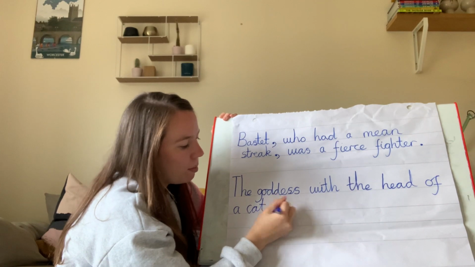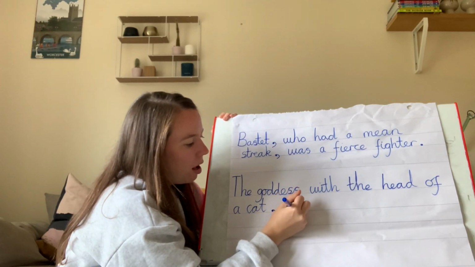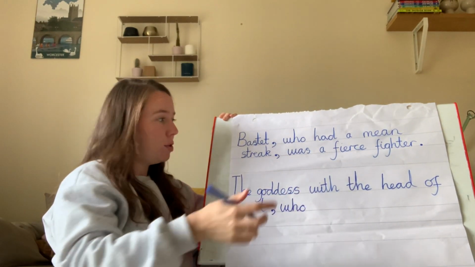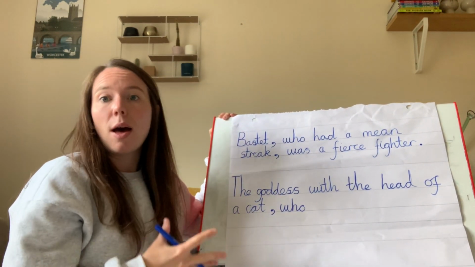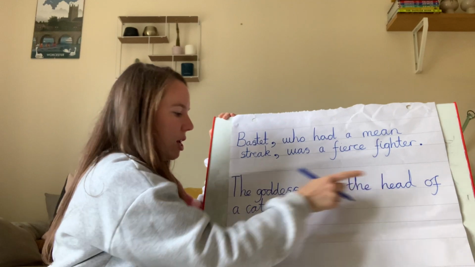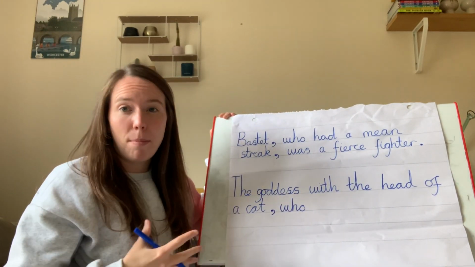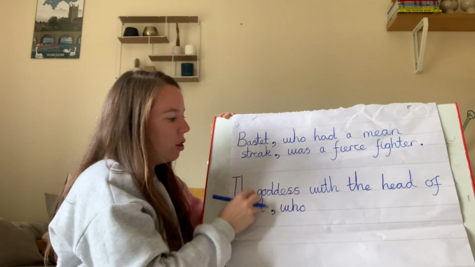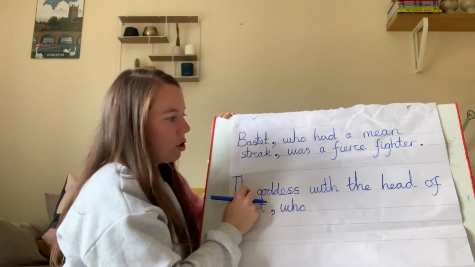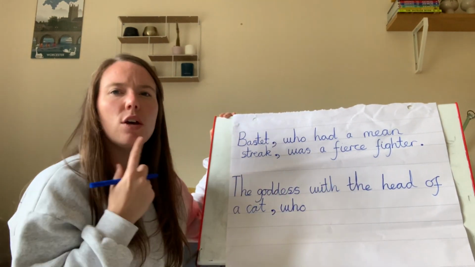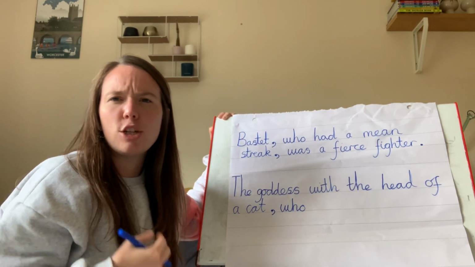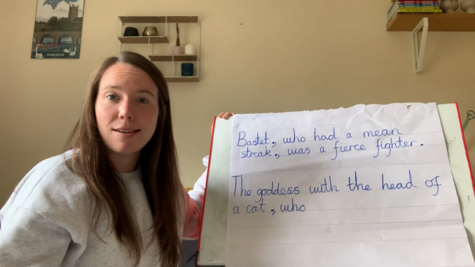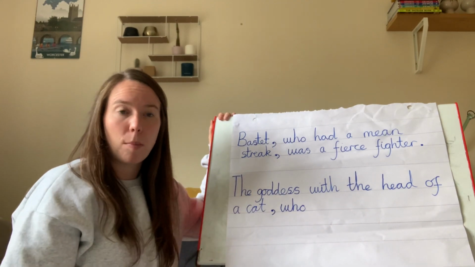So I'm going to have a comma and put who. Even though I haven't used the name of the goddess, I'm still talking about a person, the goddess with the head of a cat. I want to add more information about the noun. Thinking about the picture of her in the book, she had a long yellow dress. That's a nice expanded noun phrase that I'm going to pop in there as well.